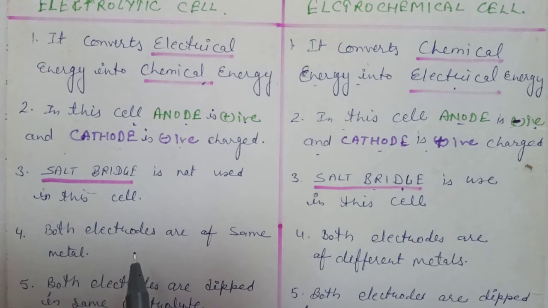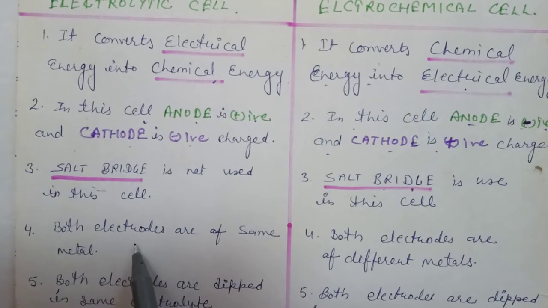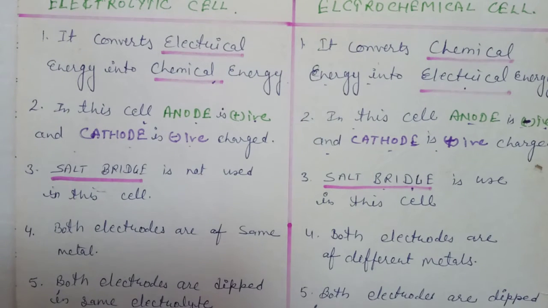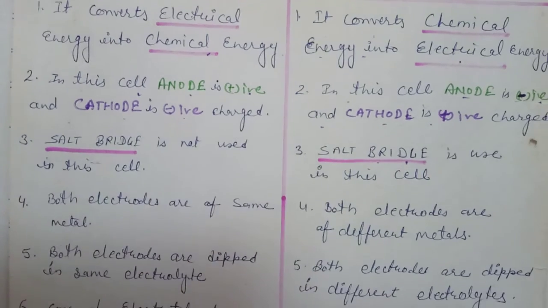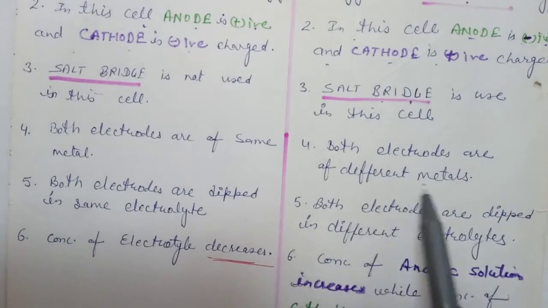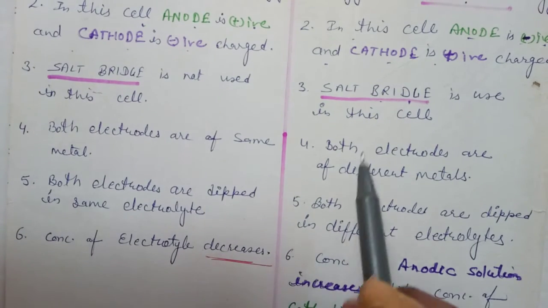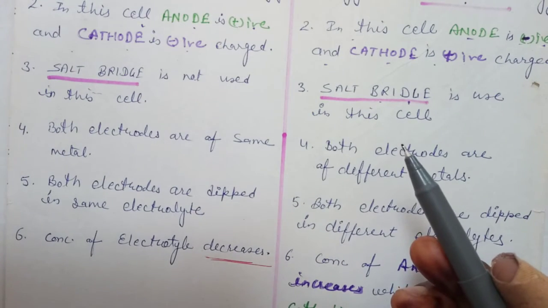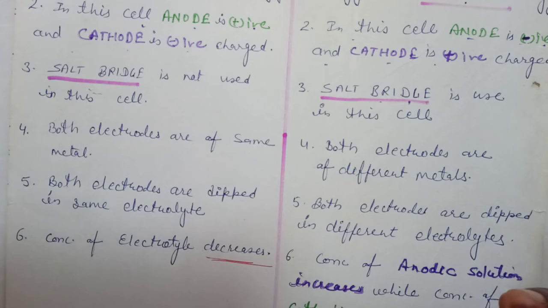Next, in electrolytic cells, both the electrodes are of the same metal. They can be Cu, they can be platinum. Generally, we use platinum electrodes. While in electrochemical cells, both the electrodes are of different metals, as in the Daniell cell, the anode was of zinc metal and the cathode is of copper metal. Next, in electrolytic cells both electrodes are dipped in the same electrolyte.